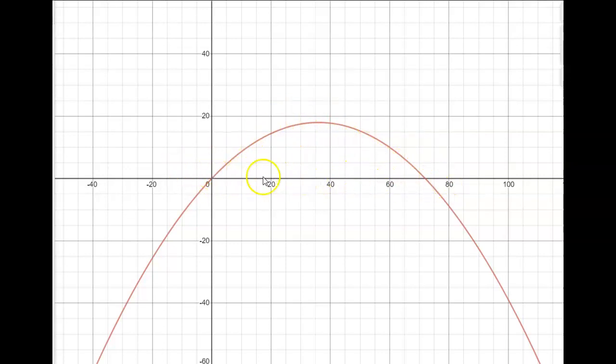The horizontal axis is representing the horizontal distance, and the vertical axis is representing the vertical distance. So now for every single point on the path, for example, let's say here at 40 feet horizontally, the altitude or the height was 17.778. So that's what tells us that. But we don't know at what time that actually happened.